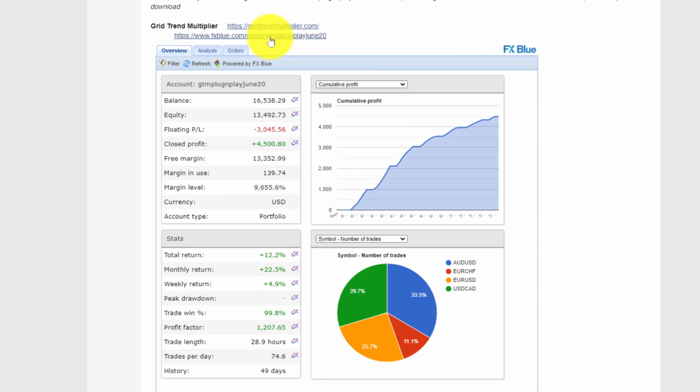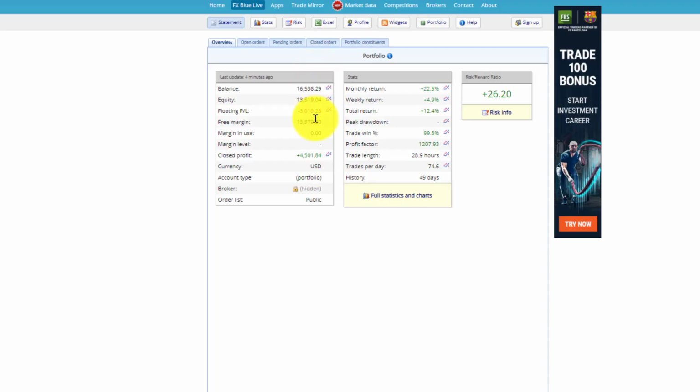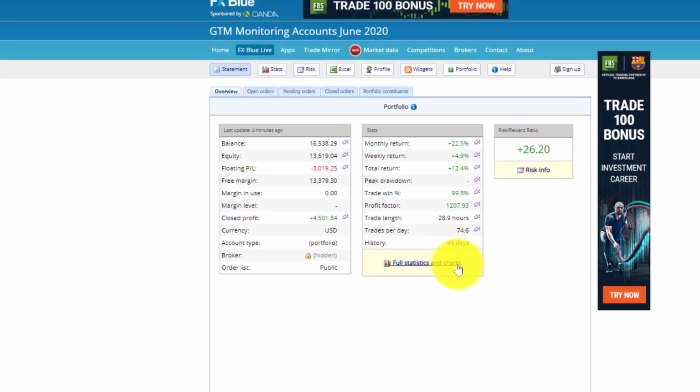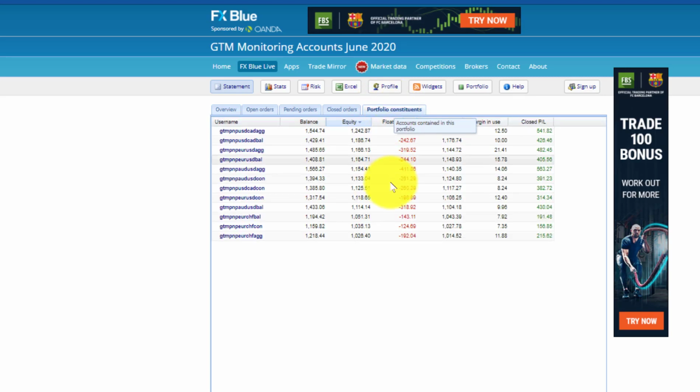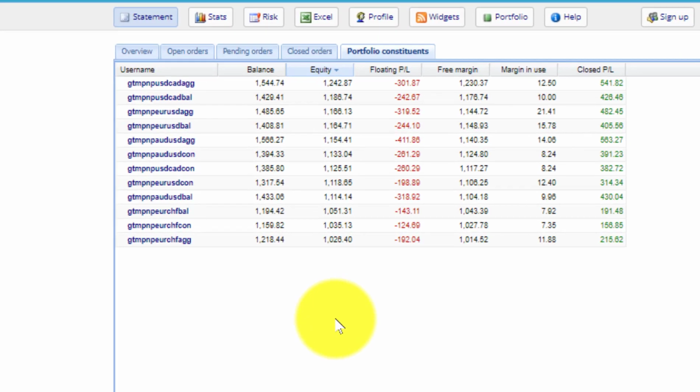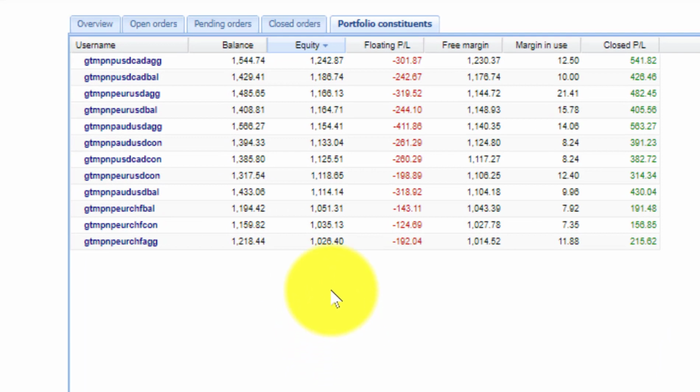So I'll click on this link over here, and it takes me to a table that basically gives the same information as what we've just looked at, but in that I can actually go and see what the portfolio is made up of, and there are my 12 accounts, and you can see which account is the most positive and which ones are the most negative.